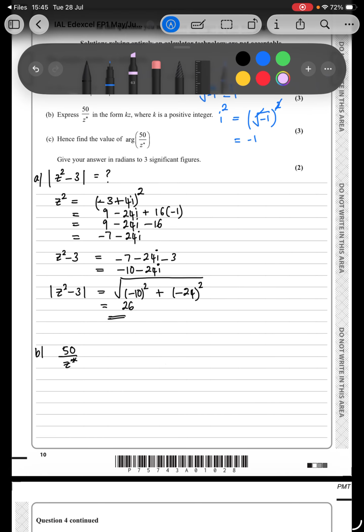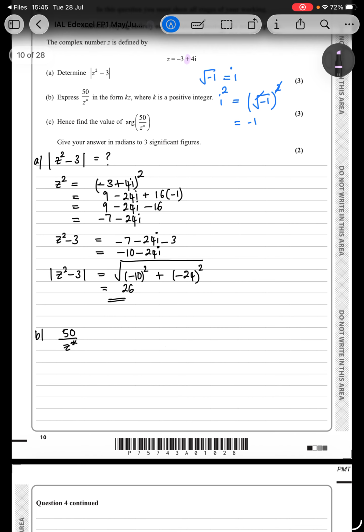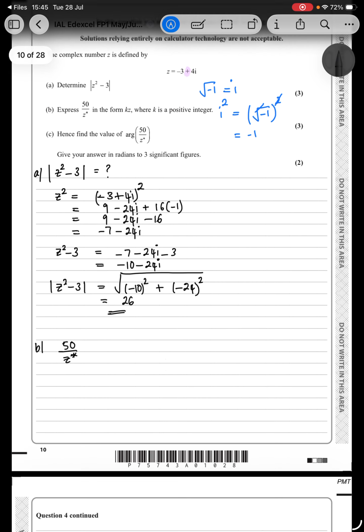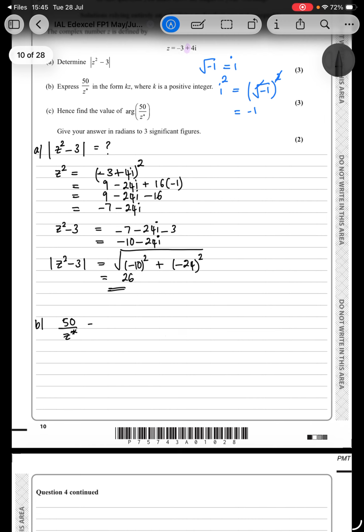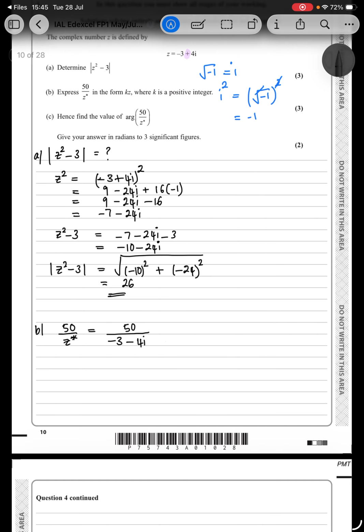We only change the sign before the imaginary part of the number. So minus 3 minus 4i. So this is going to be 50 over minus 3 minus 4i.